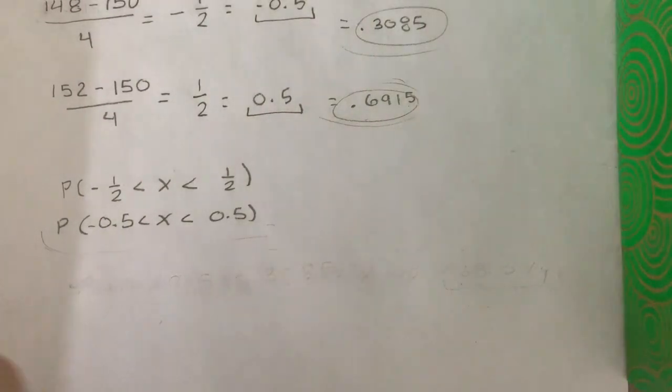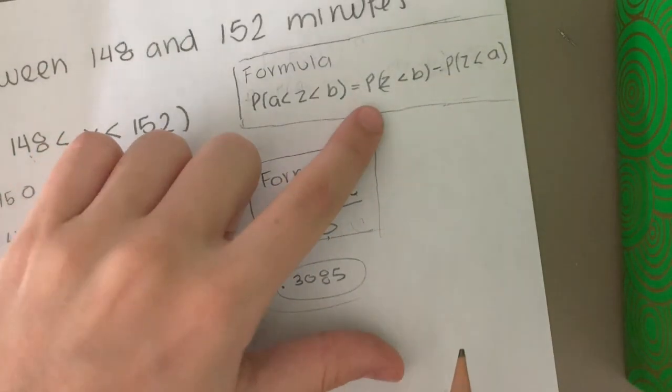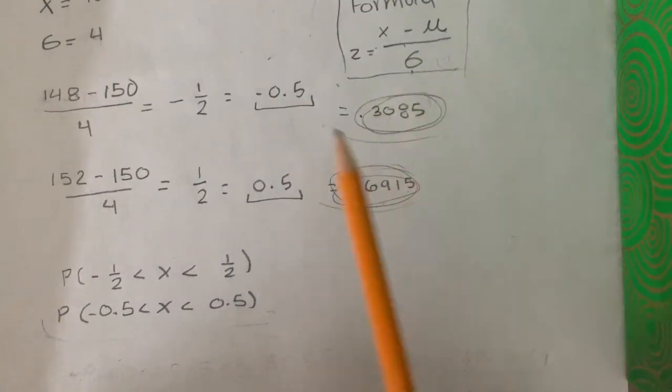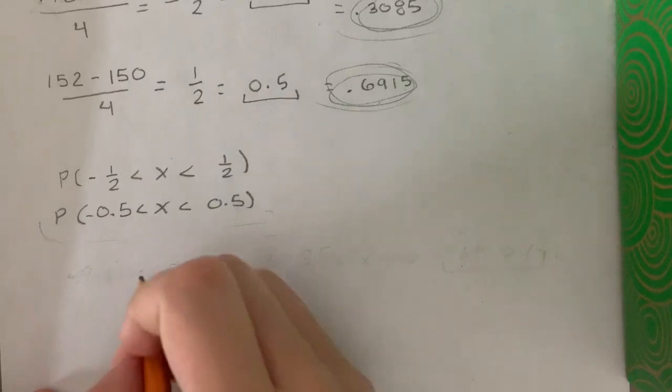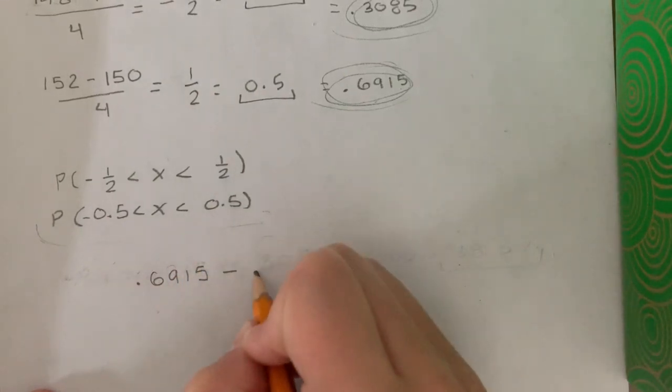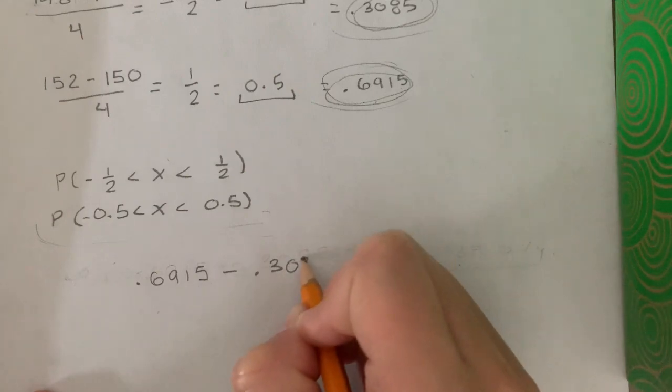So next, what you have to do according to the formula is subtract the lowest value from the greatest value. So we're going to put 0.6915 minus 0.3085.